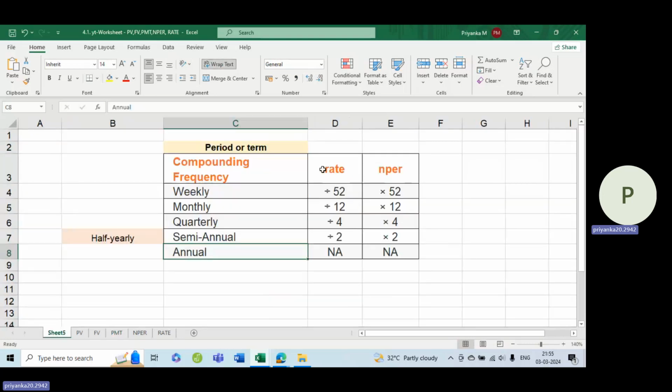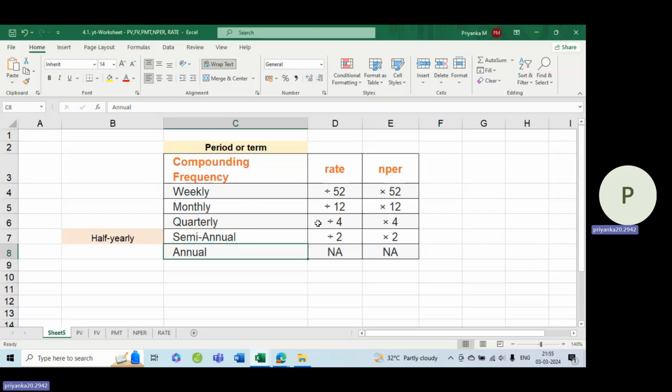Let us say if the period or terms are provided on a weekly basis, you have to divide the rate by the number of periods per year and multiply the number of periods by the same. So weekly means 52, monthly means 12 if they've given it explicitly.